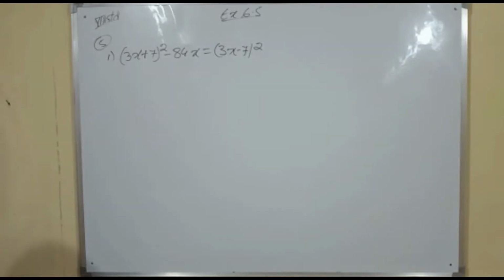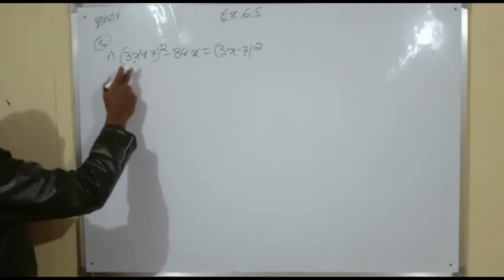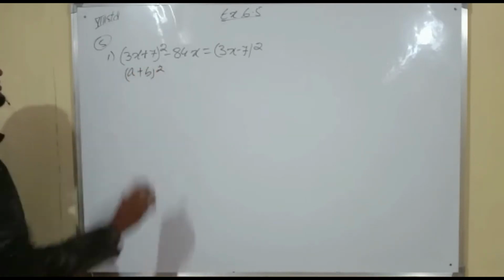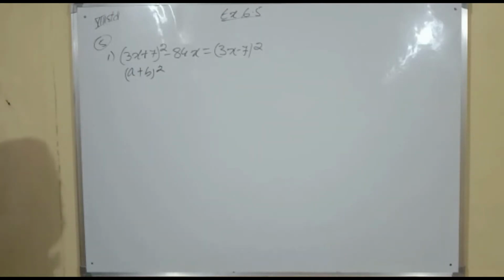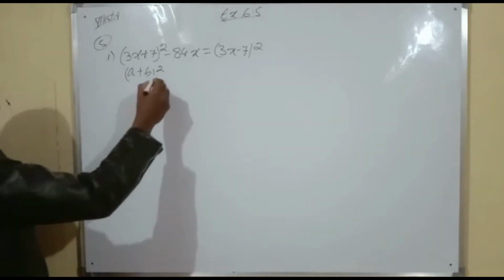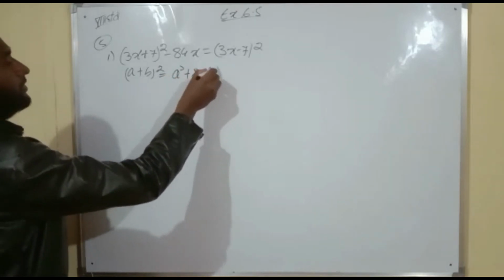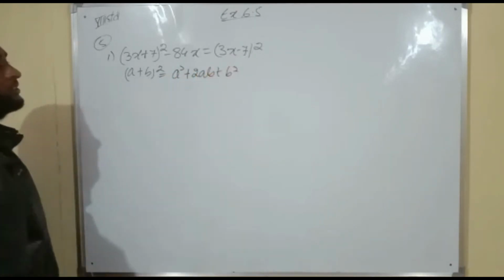Okay. See, here it is in the form (a plus b) whole square. So I will have to expand that in the form (a plus b) whole square. As you know, this is the standard identity. It is nothing but a square plus 2ab plus b square.